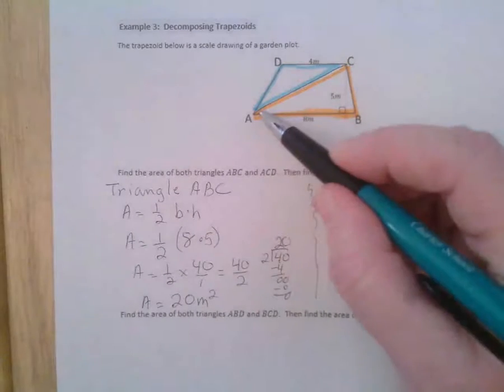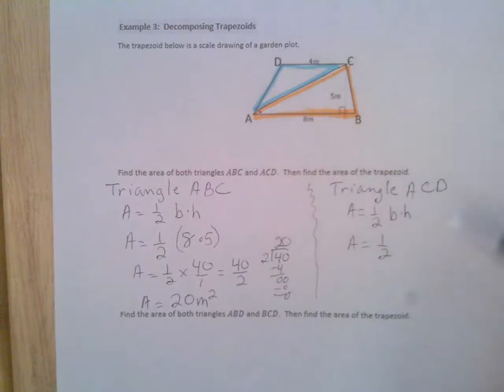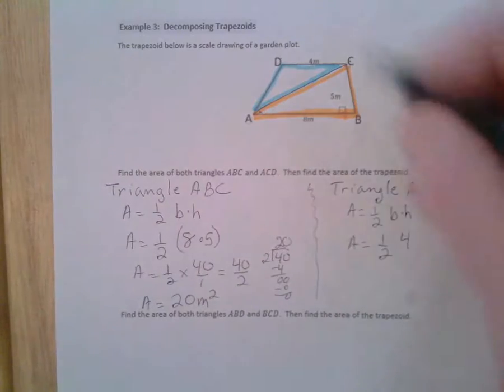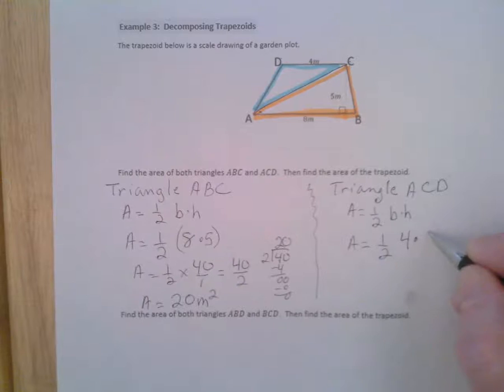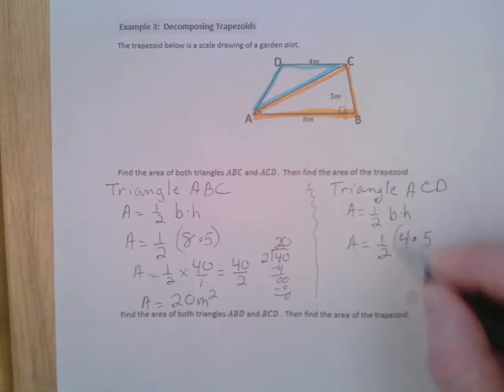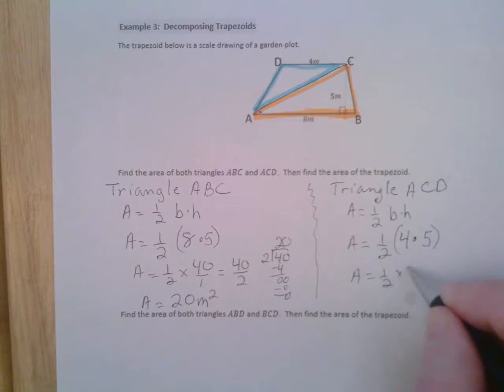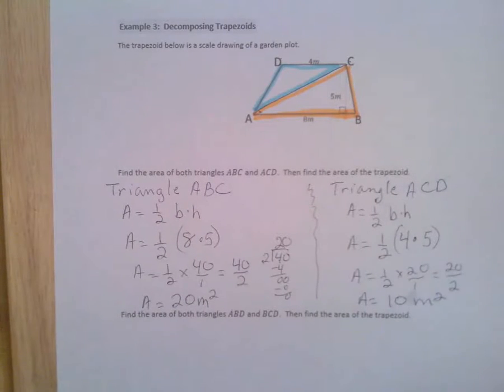So if we go to A, C, and D, this time our base is 4, but our height, since they come down to the same base, is exactly the same. The height is 5. So our area is 1/2 times 20. 1 times 20 is 20. 2 times 1 is 2. So our area is 10 meters squared.